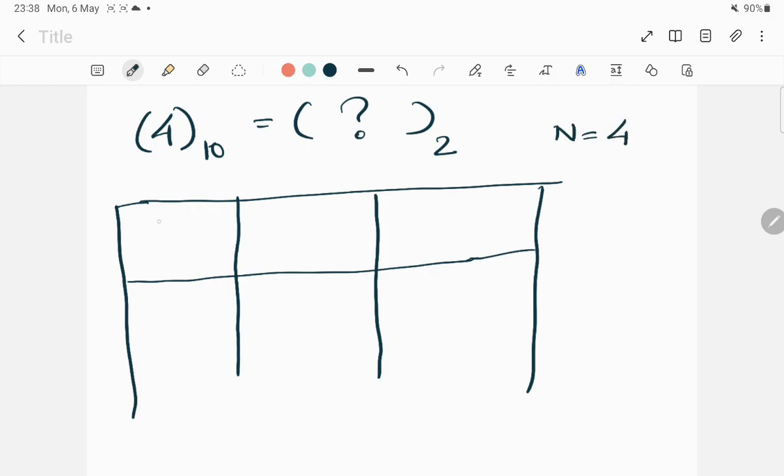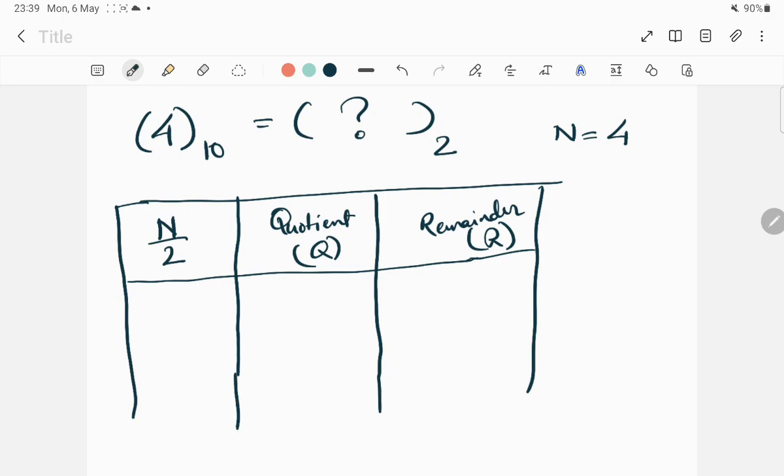We will divide n by 2, write down the quotient here, and then write down the remainder here. I will simply write down q and r.